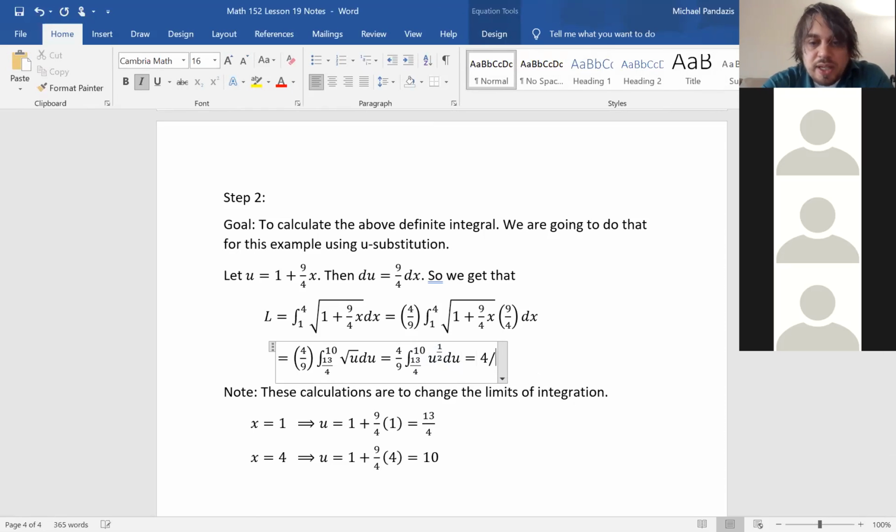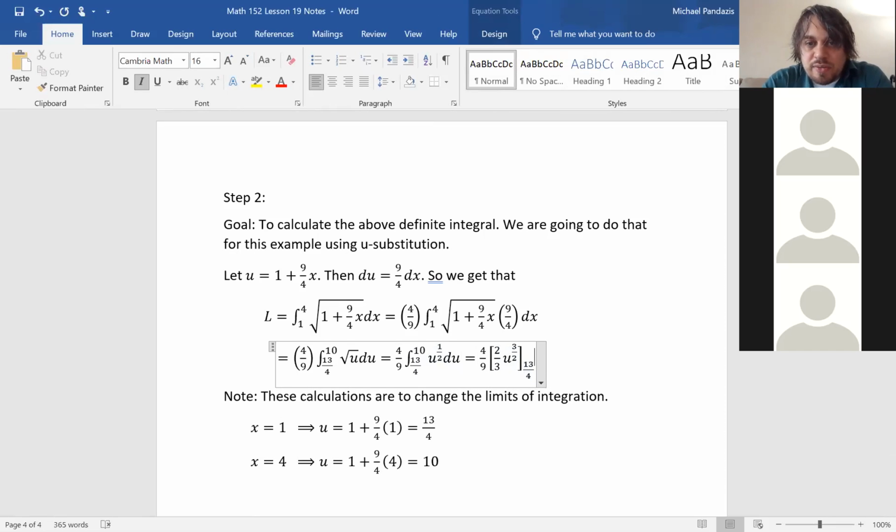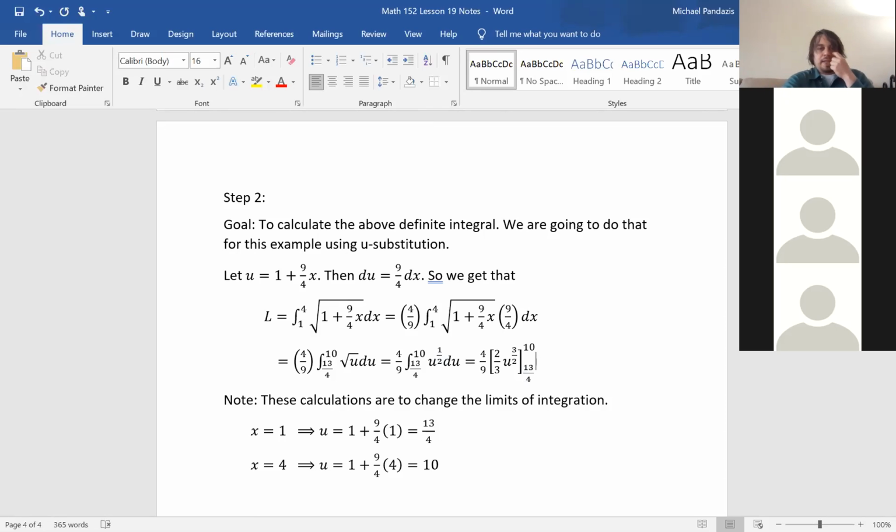Now you just need to calculate that. That's equal to 4/9 times, u to the 1/2 integrates to 2/3 u to the 3/2. That's an antiderivative of that, evaluated from 13/4 to 10.